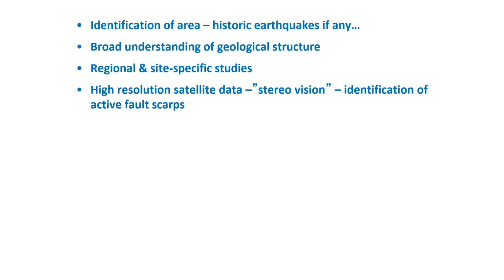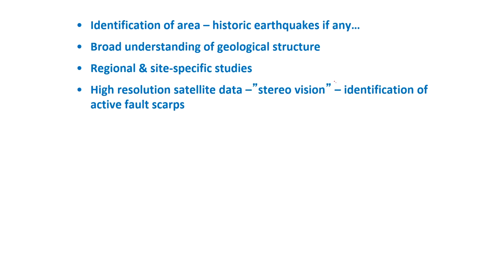We use high resolution satellite data, and if possible we try to visualize the terrain in three dimensions. That is the reason why we usually suggest that you use stereo vision data.